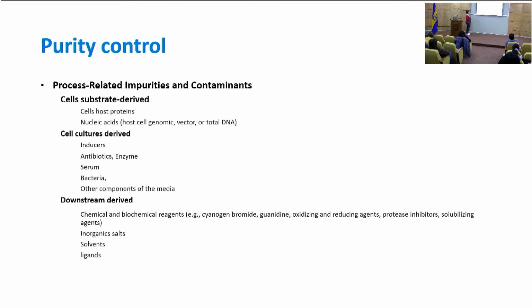There can also be contaminants provided by the cell culture, because we know that we use antibiotics mainly when we want to select the cells that have been properly transfected by the viral vector. You remember that in the plasmid, we add a gene encoding resistance to antibiotics.